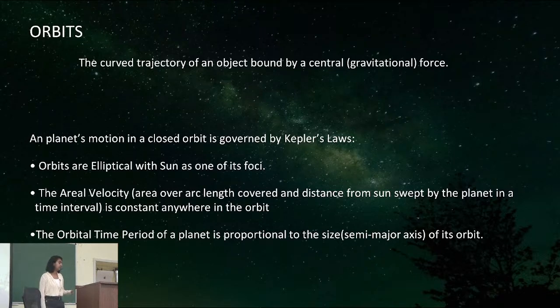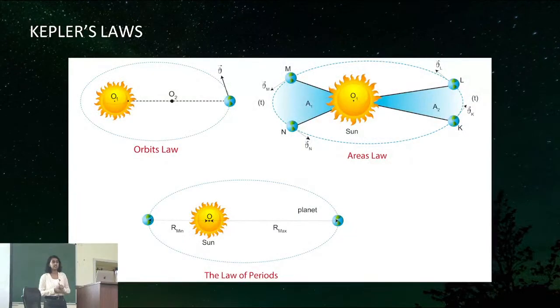He also said that the area velocity is constant anywhere in the orbit. Area velocity means that if an object is moving around the sun, the area that it sweeps in a given time is fixed.